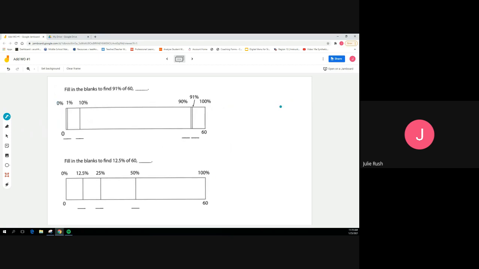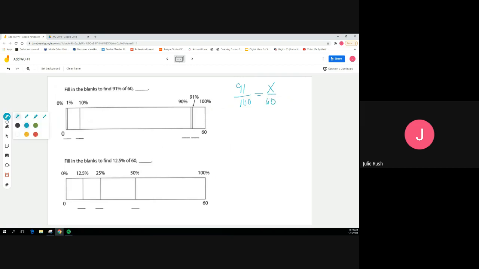So your percent goes along the top, and the numbers that correspond go here. If we want to find 91% of 60, we would set up the proportion 91 over 100 equal to x over 60.